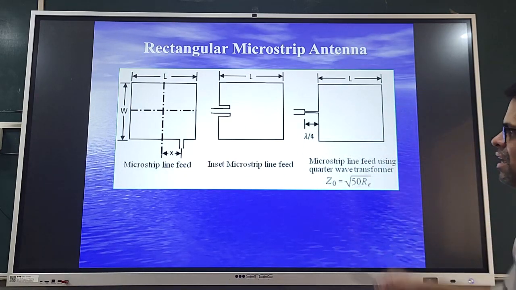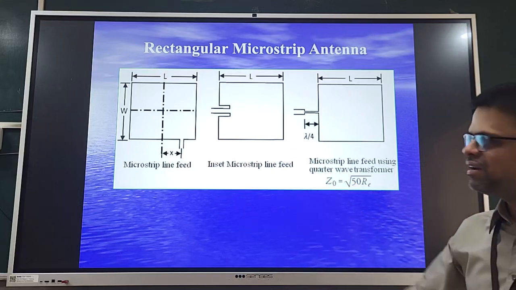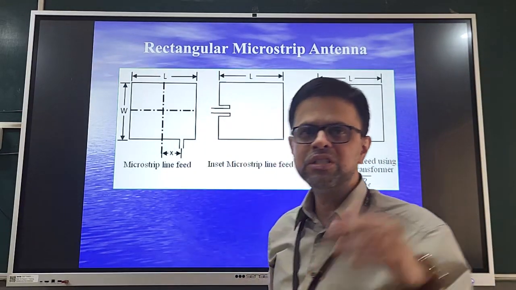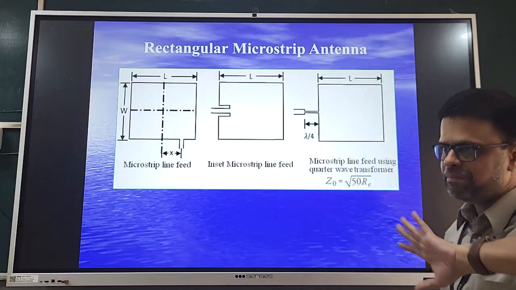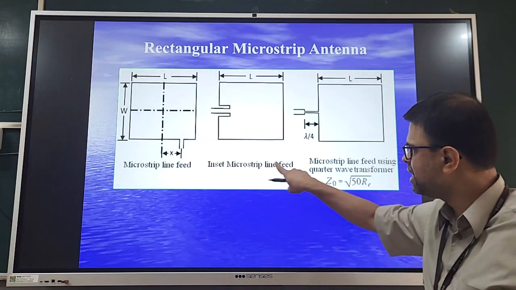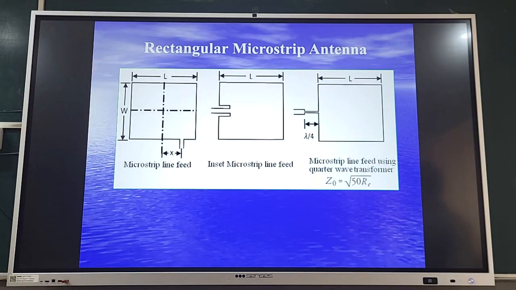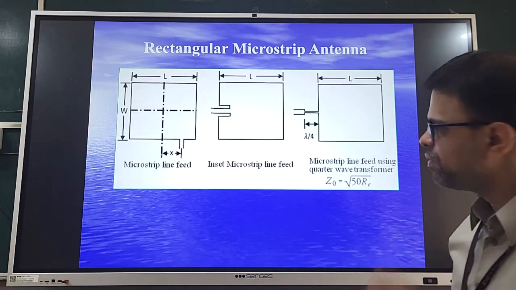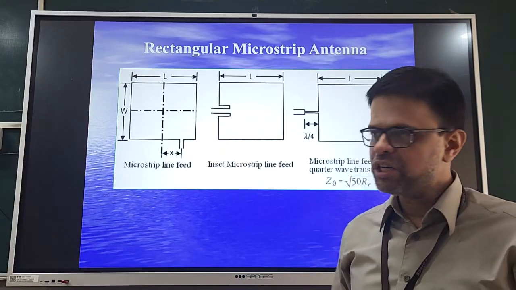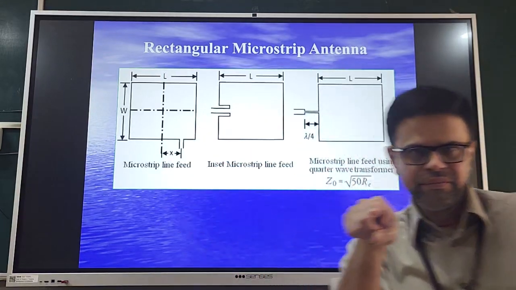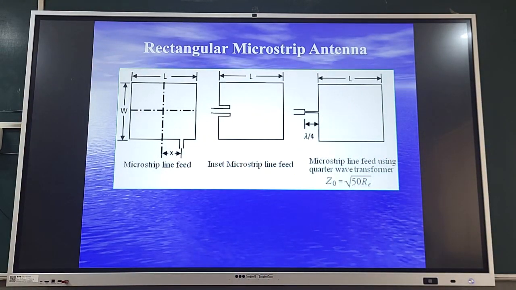And definitely we cannot put it over here because impedance mismatching occurs. Hence we go to the next type, the inset microstrip line feed. What we do over there is cut a slot along the length of the patch.